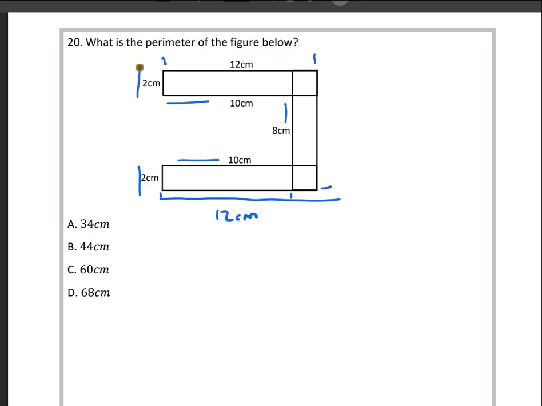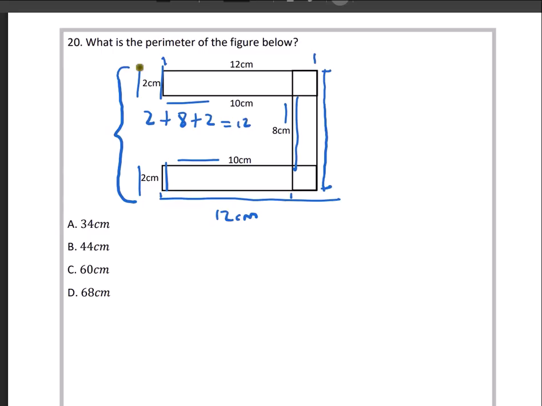And then from this point to this point, everything here is going to add up by adding from this point all the way down here. So let's add here as 2, then we'll add this one plus 8, then we add this last one plus 2, and that's going to be giving us 12.